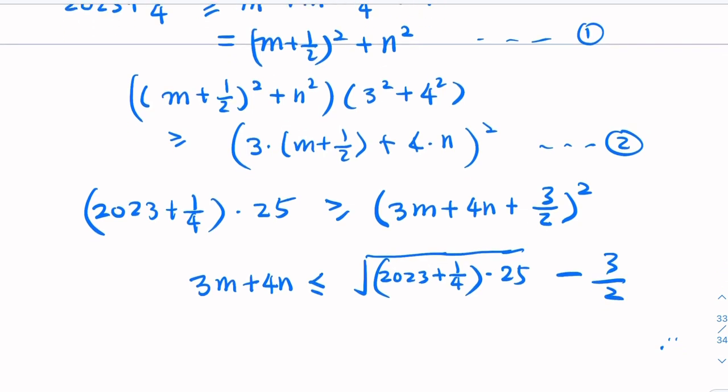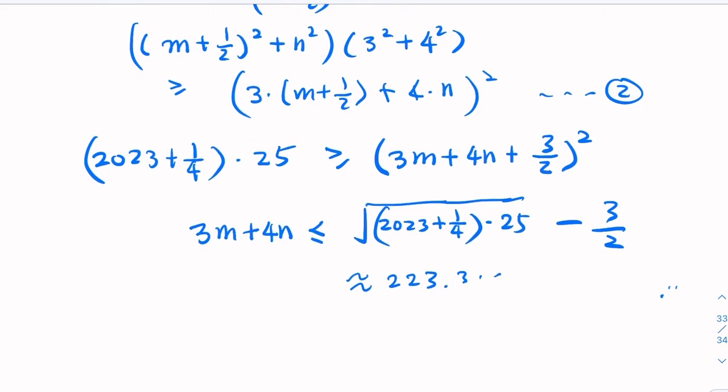When you do the math, this is approximately 223.3 something, right? We don't care because we're dealing with integers, which means we have the bound: 3m plus 4n is at most 223 because they are integers.